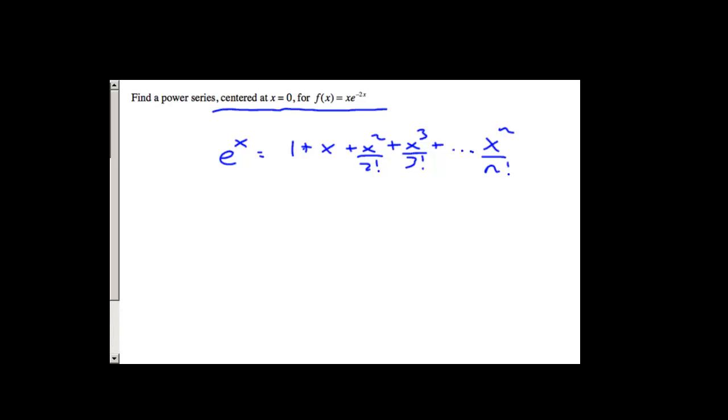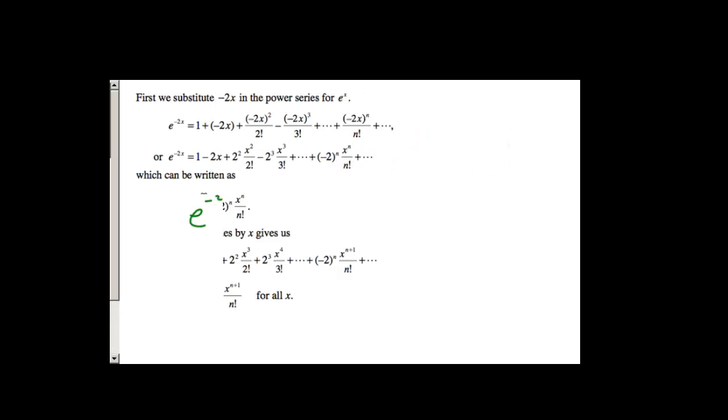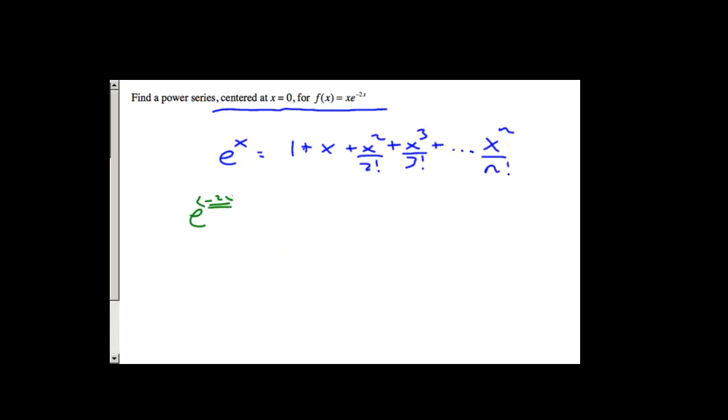So we could rewrite this. Well, let's not actually rewrite it. So therefore, e to the minus 2x, now we're just going to substitute minus 2x every time we see x. That's going to be 1 plus minus 2x plus minus 2x squared over 2 factorial plus minus 2x cubed over 3 factorial. Let's leave it right there.